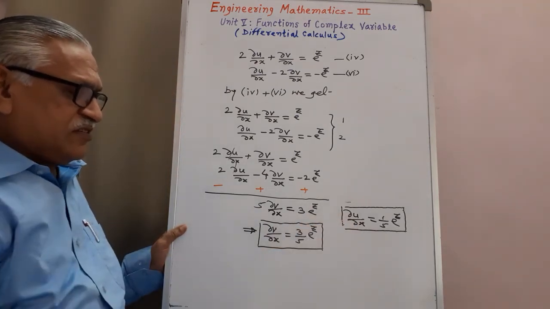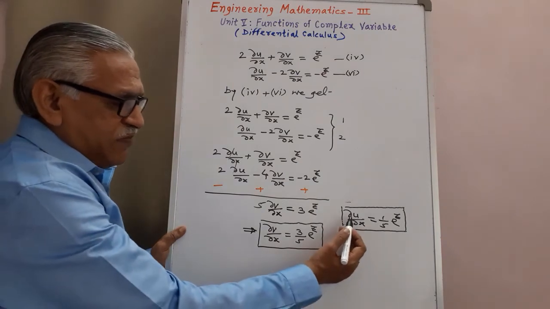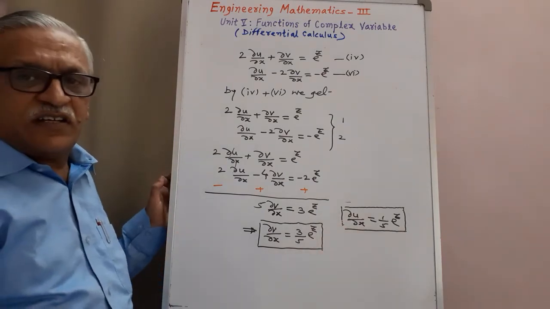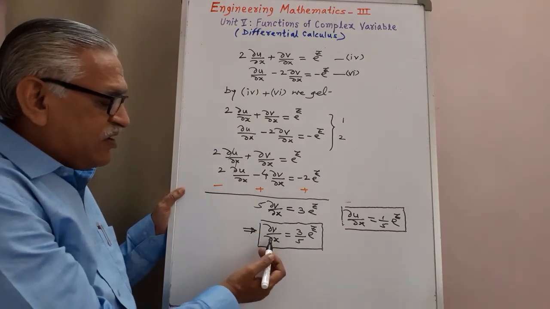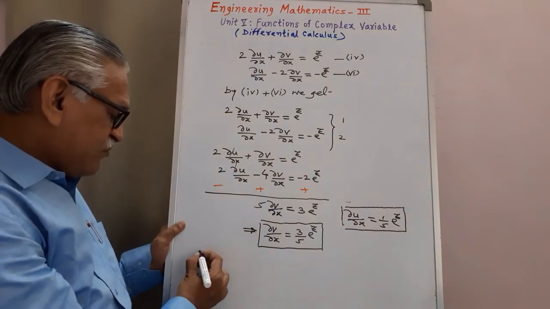I have obtained these two values. By adding the two equations, we get the value of ∂u/∂x, and by subtracting them, we get the value of ∂v/∂x.